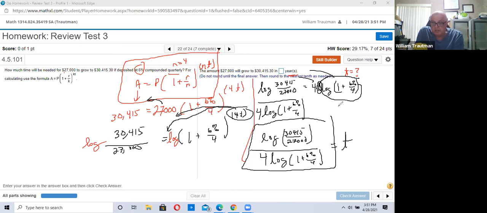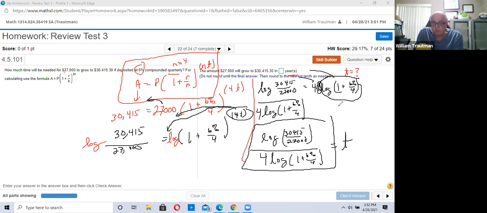So log and then a fraction, 3415 on top, on the bottom, I have 27000. I arrow over and close that parentheses out.